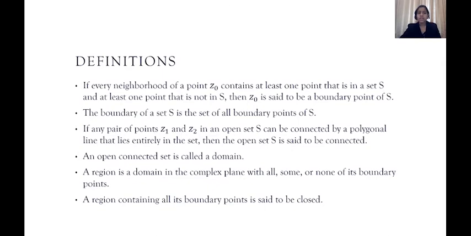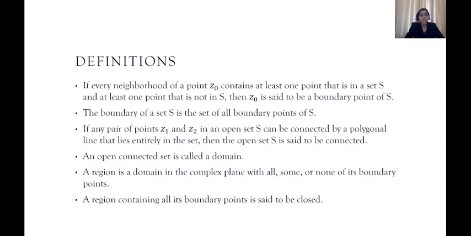Just remember the example of real part of z greater than or equal to 1. When we consider the points lying on the line x equal to 1, if you take that point and form a neighborhood, some points lie inside the set and some points do not, so that is called a boundary point.